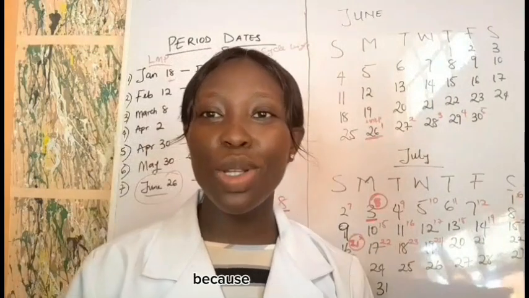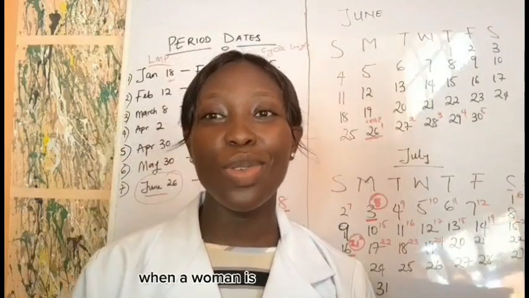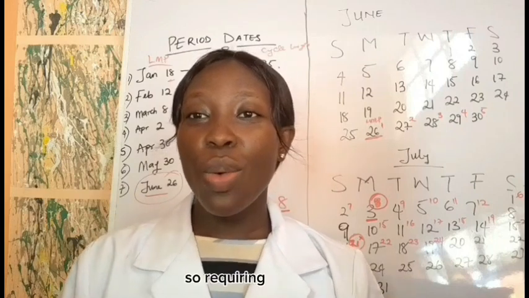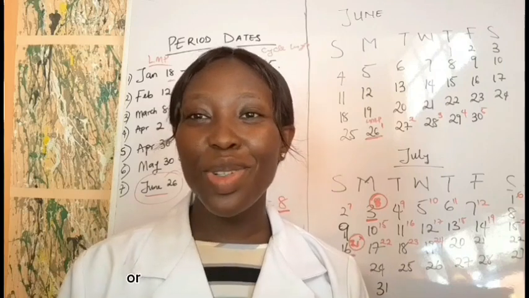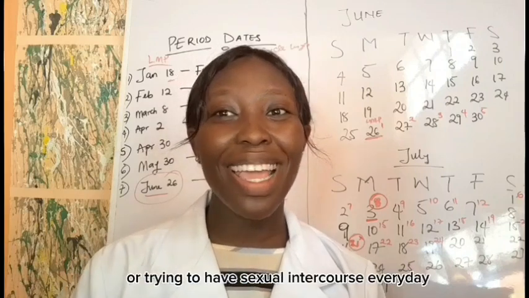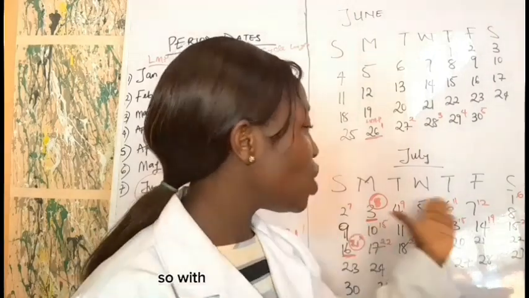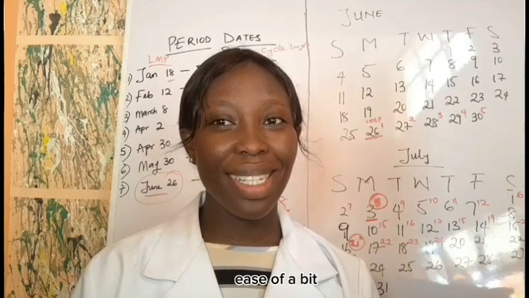Give space, because we all know that when a woman is going through infertility, or she's worried about having a child, the anxiety is a lot. So trying to have sexual intercourse every day for those 14 days is a lot. So with knowing your fertile periods, you can ease off a bit.